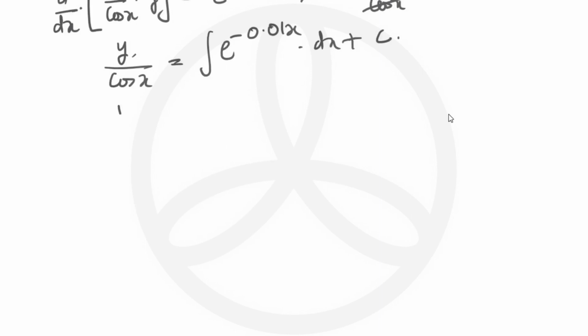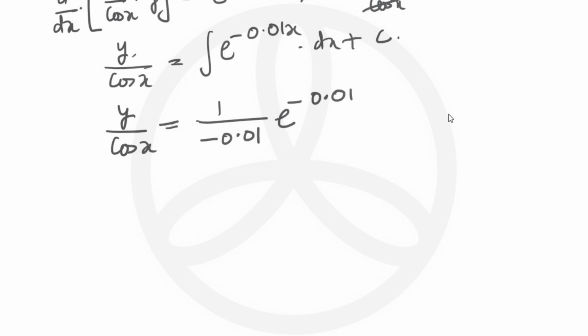and this will be y divided by cos x, and the integration for this will be 1 by minus 0.01 e to the power minus 0.01x plus c, and this will be nothing but minus 100 e to the power minus 0.01x plus c.